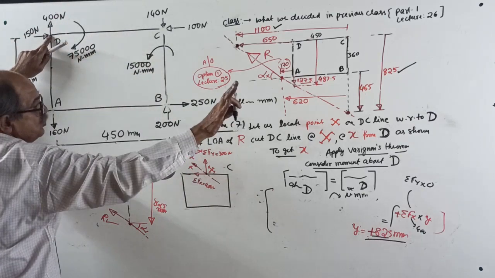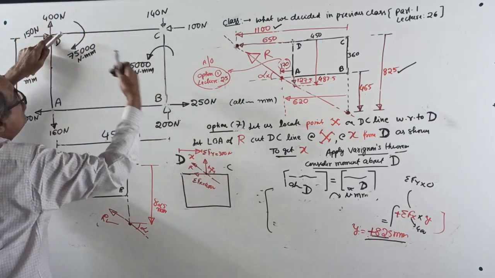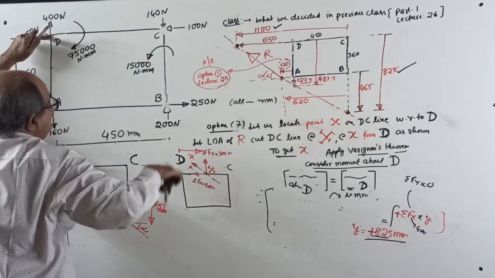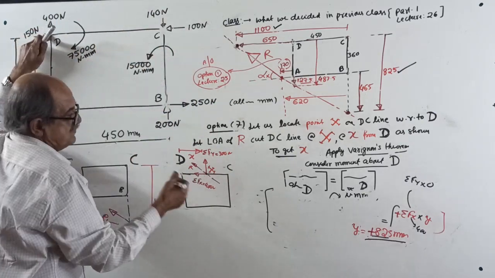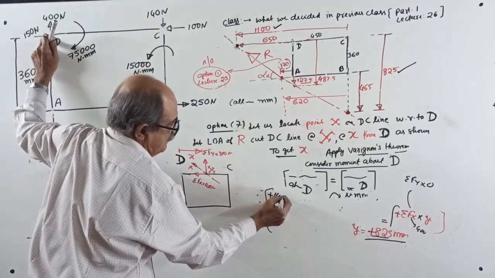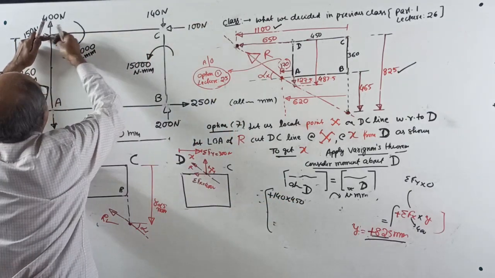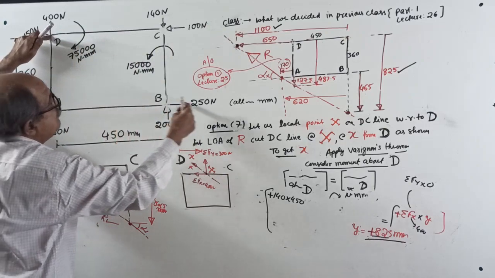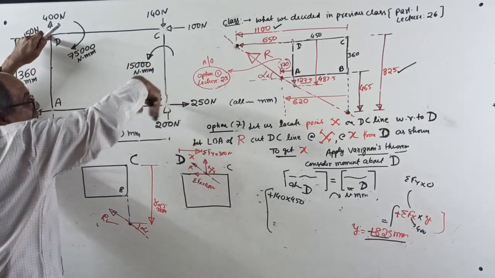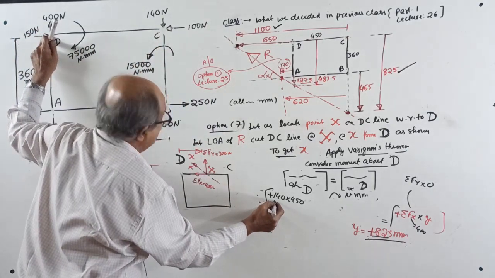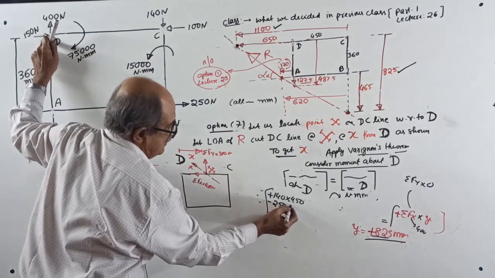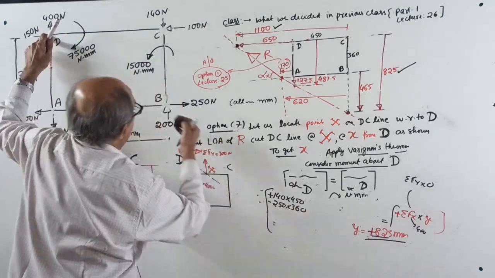400 into 0, you write if you want. 150 into 0, you write. 140 into 450 clockwise, plus 140 into 450. 100 also into 0. 250 into 360 anti-clockwise, minus 250 into 360.